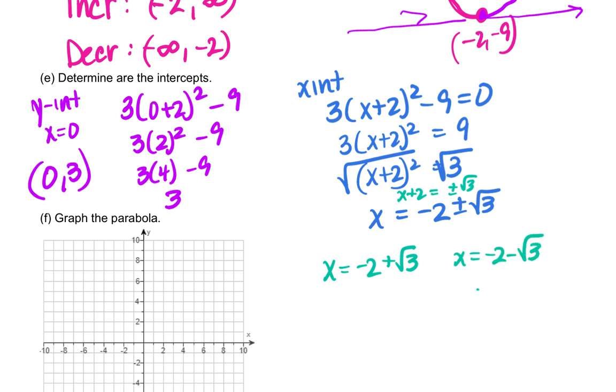So this one is negative 0.27, and this one is negative 3.73. So I'm going to plot those two numbers on my x-axis. So negative 0.27 is going to be like right there. And negative 3.73 is going to be like right there.